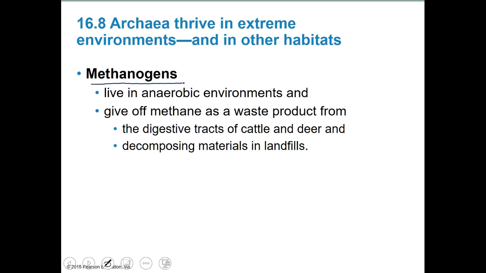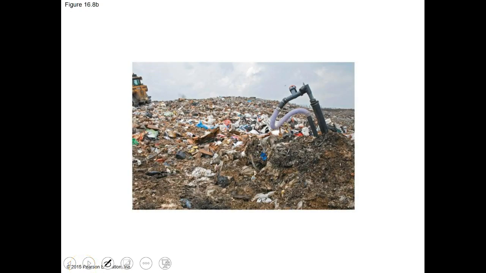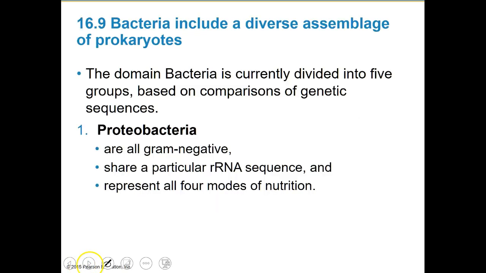Methanogens live in anaerobic environments and give off methane as a waste product. They're in the digestive tracts of cattle and deer, and are also in decomposing materials in landfills. Methanogens as part of cattle digestive systems actually lead to not-so-good carbon emissions.